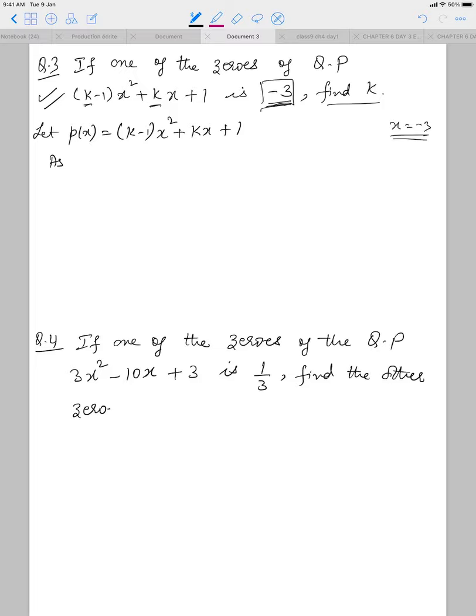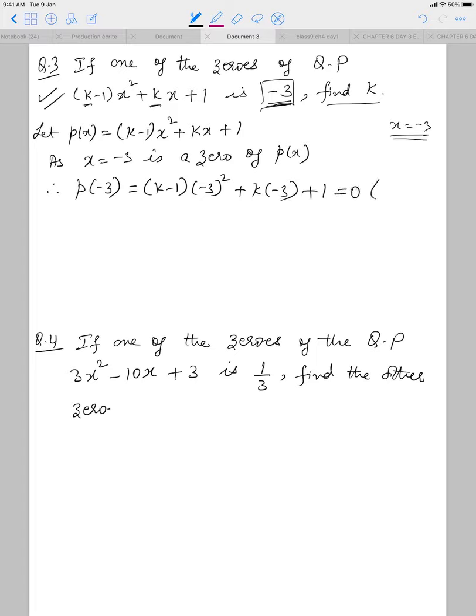Then you can say, as x equal to minus 3 is a zero of the given polynomial p(x), therefore p of minus 3 should reduce to 0, and this is by the definition of zero of a polynomial. I hope you understand this concept.